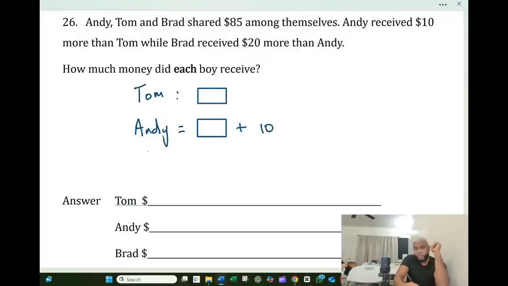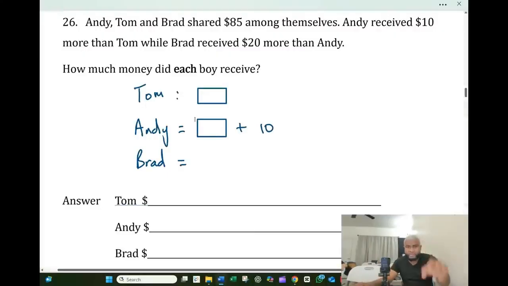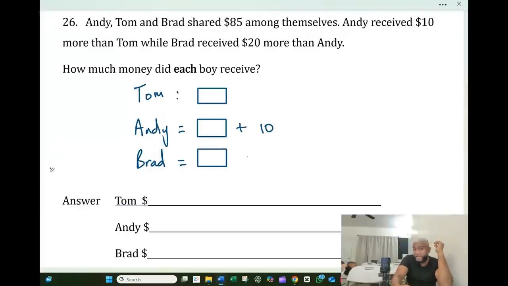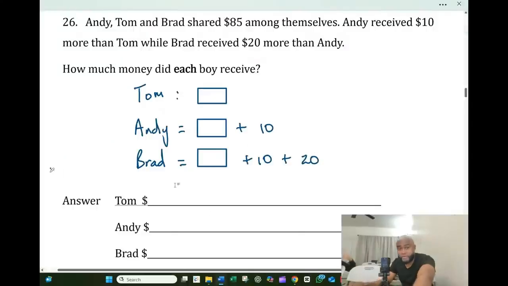Now, brother Brad would be, I want to copy the box, so it will look the same. Copy, paste. So Brad will be the same box plus 10, which is what Andy got, plus how much? 20, because he got 20 more. Everybody good there? This is the action I'm going on here.